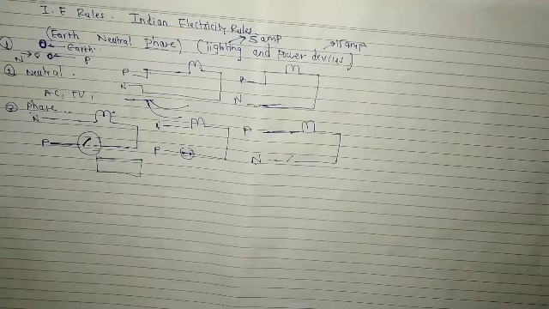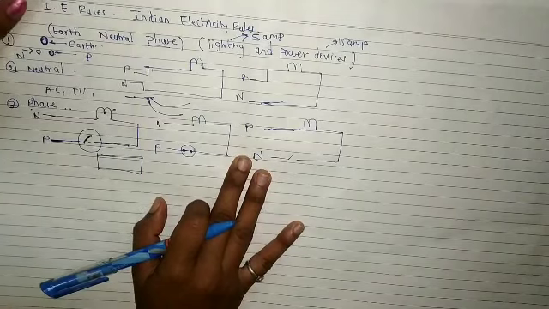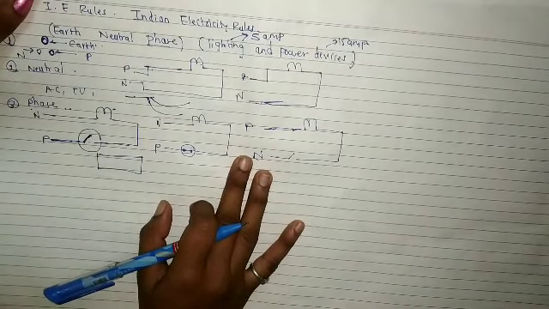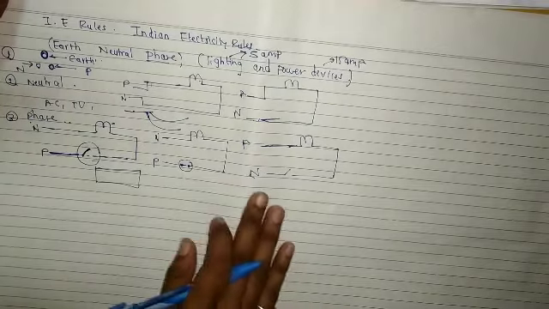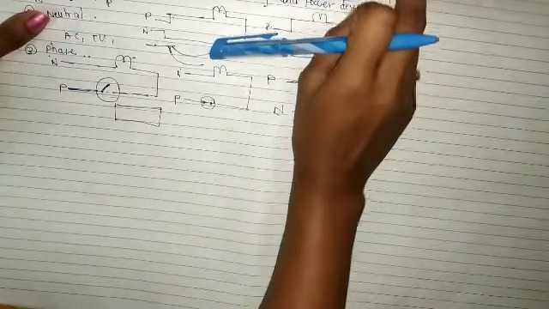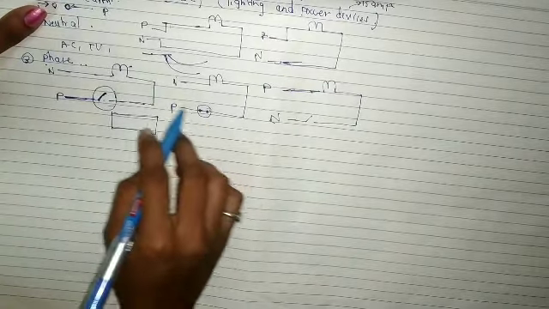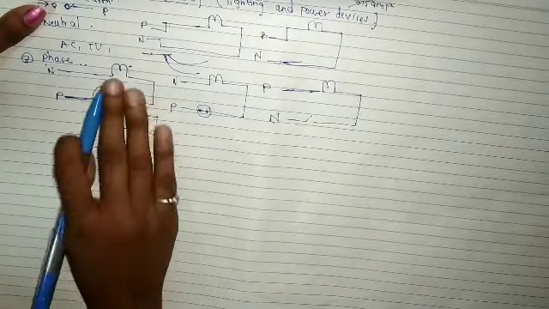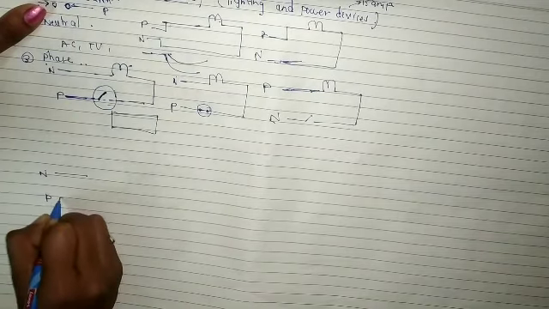Now we'll move to the house wiring methods. But before that we'll learn some basic wiring. So typical wiring diagrams. If I have to draw one lamp and one switch, then how will I draw it? I have shown it here, right? So this is our neutral, this is our phase.